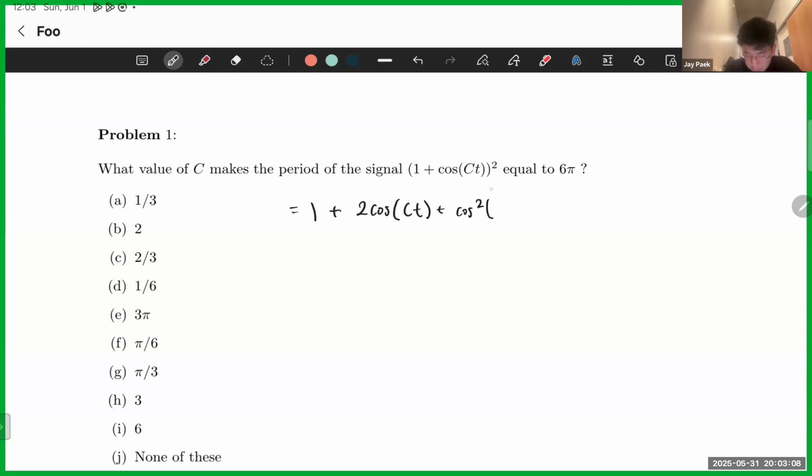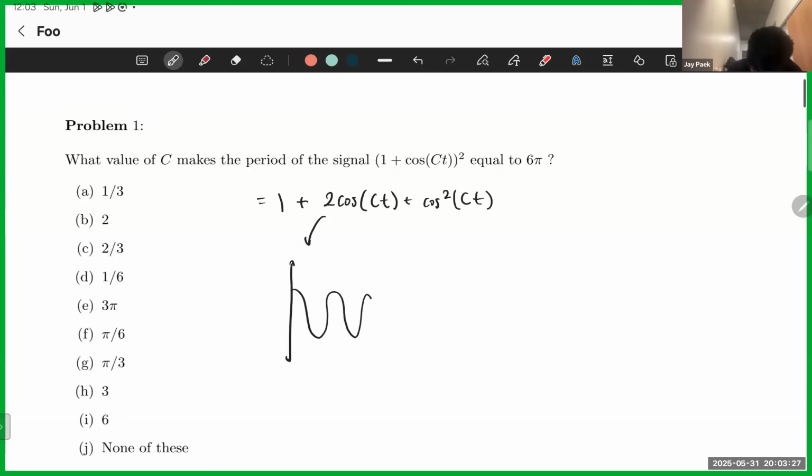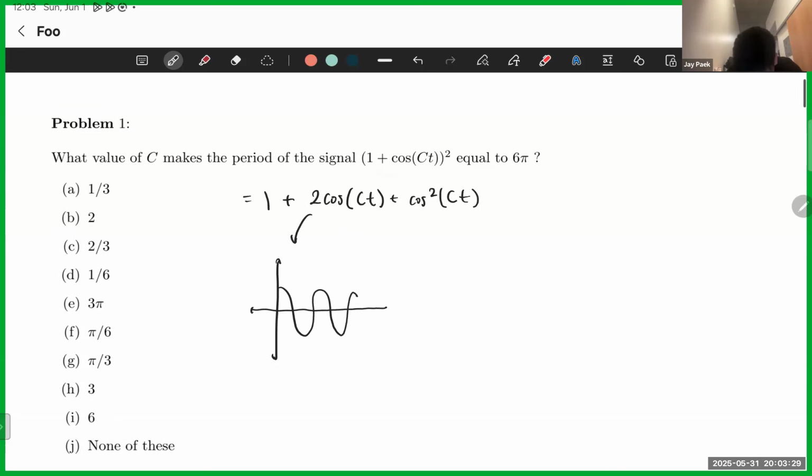At this point, it's important to note, maybe it's better to draw it out. But this part we don't really care about. This will look like that, something like this, with period 2 pi over c.